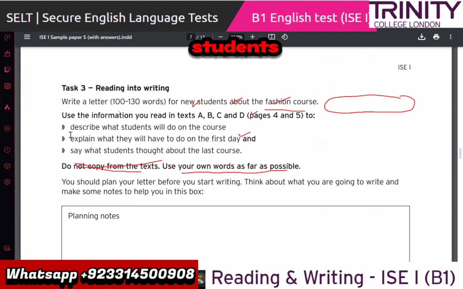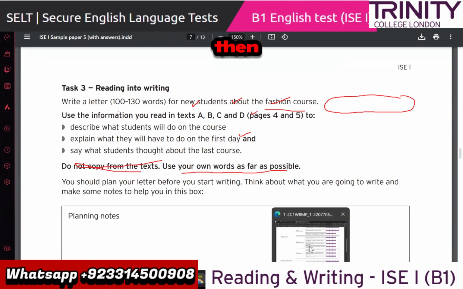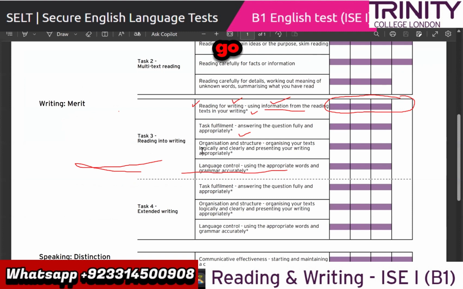That is, describe what students will do on the course. You need to find it from the text appropriately and then write it. Understanding or not? Yes. All right. Then if we go down further, organization and structure: organizing your text logically and clearly and presenting your writing appropriately.